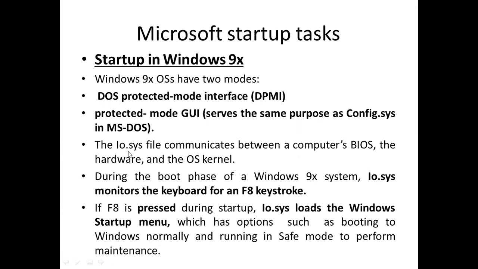Generally, any operating system will have configuration files, and the main thing it will have is the IO.sys file, which communicates between the BIOS and the hardware or the kernel. That is a main plus point of using IO.sys.